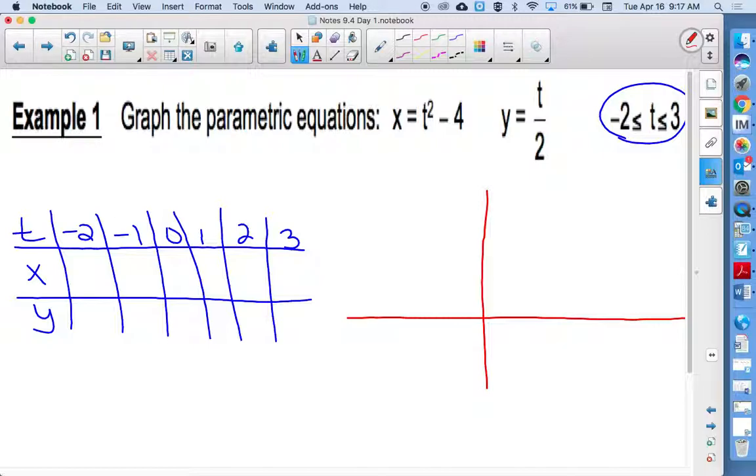So again, you're taking t, plugging in for the t in the x equation, plugging in for the t in the y equation. So one t value gives you the x and the y ordered pair.